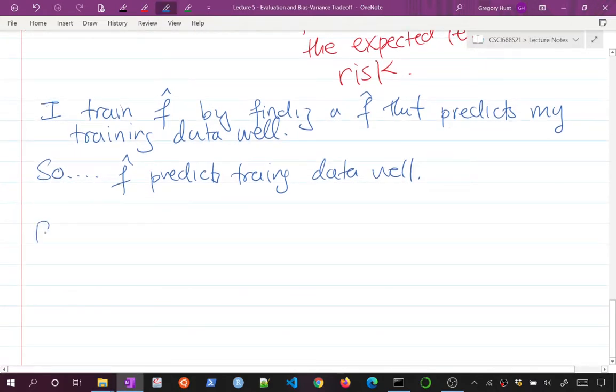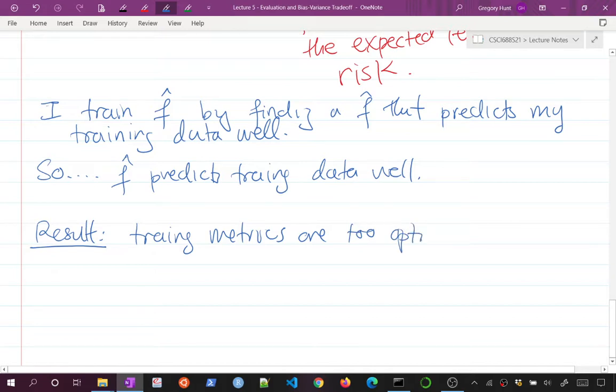So the result of this whole thing is that the training metrics are too optimistic, generally, on performance of f hat.